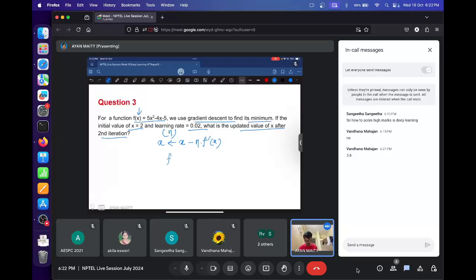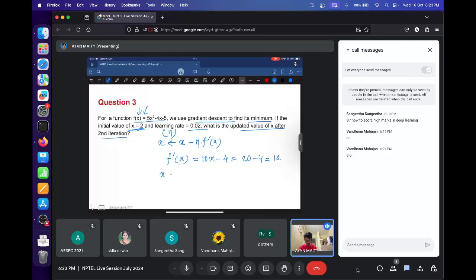In this case, the function is 5x² - 4x - 5, so f'(x) would be 10x - 4. The initial value of x is 2, so it would be 20 minus 4, which is 16.